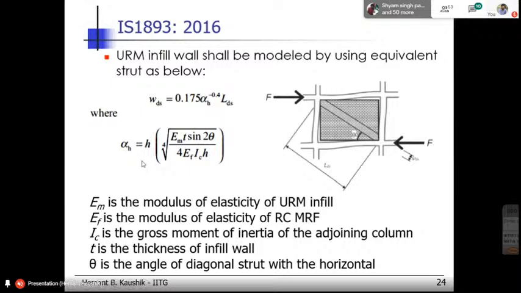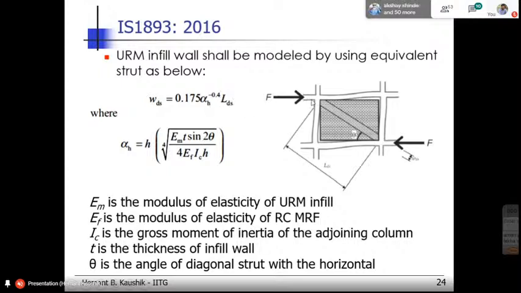This is alpha h. So alpha h is actually the ratio of the stiffness of the frame and the stiffness of the infill. So it's a function of the relative strength and stiffness of infill and frame. Okay, basically the stiffness.